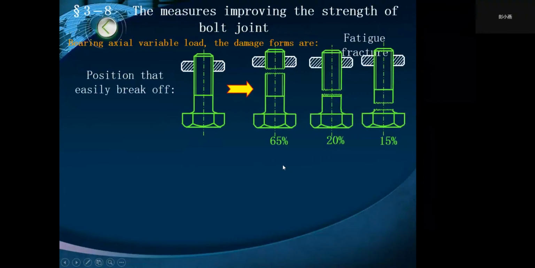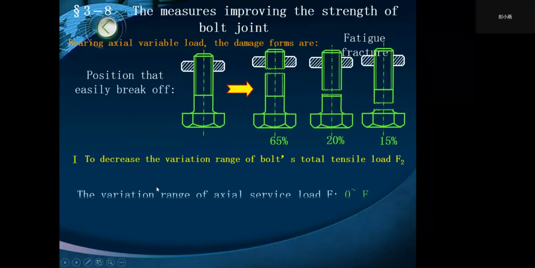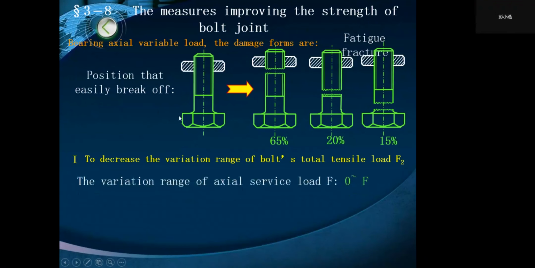So these are measures to improve the strength of bolt joint, and we should first decrease the variation rate of bolt's total tensile load.